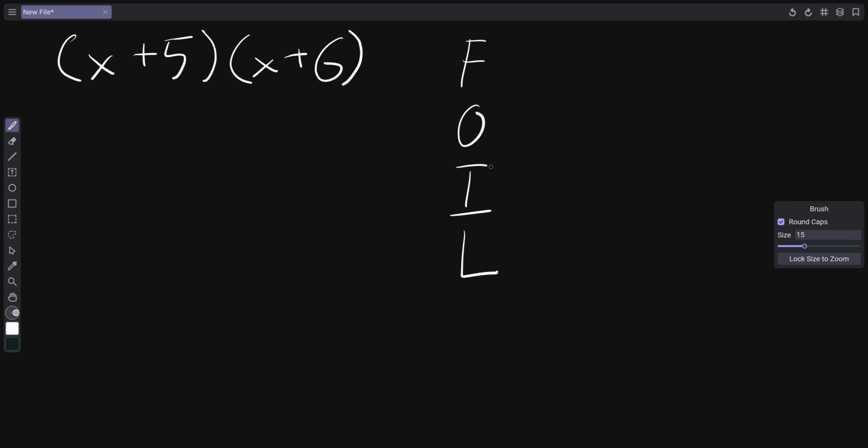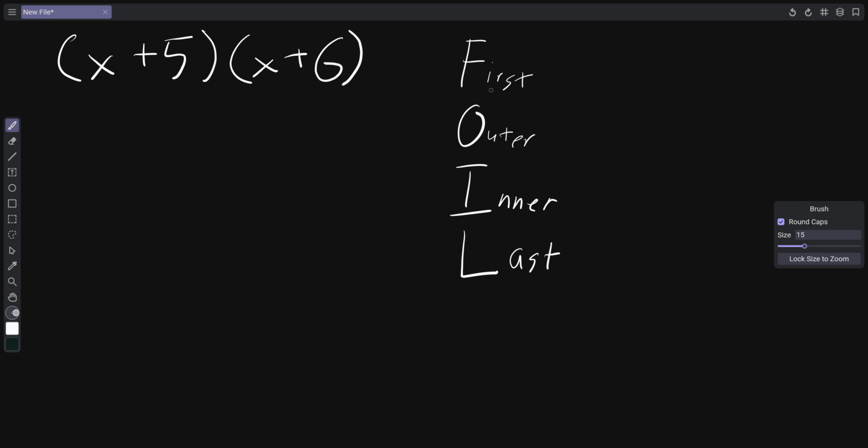So FOIL, you can remember that word, and it stands for first, outer, inner, and last. So now that I spelled that out for you, I'm going to show you how this works.